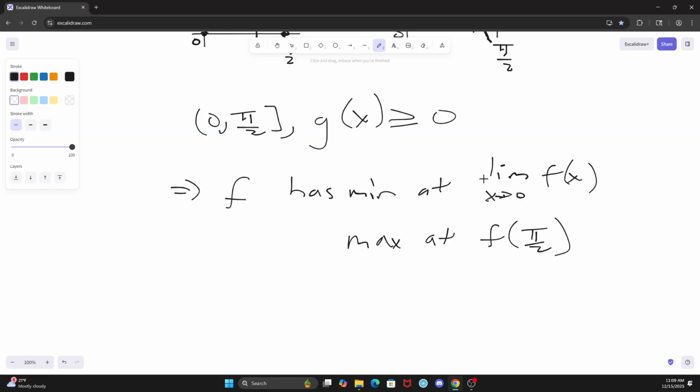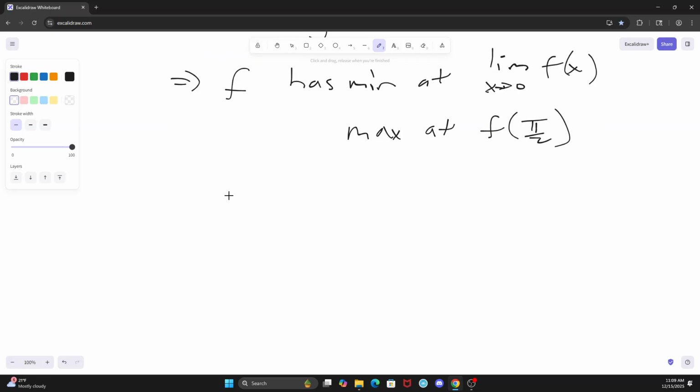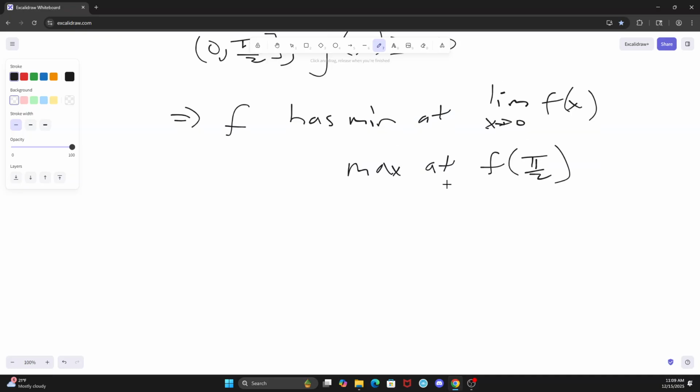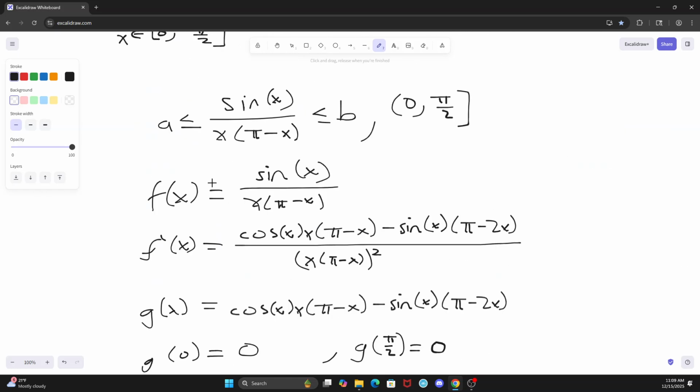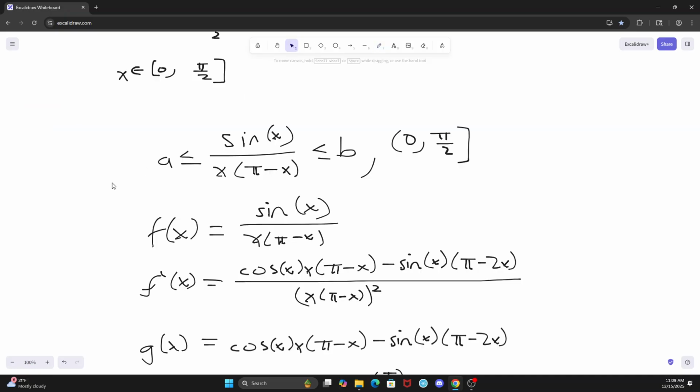So now it's just an issue of finding what these are. I guess the easier one is finding the max at pi over 2. Let's copy f down here again.